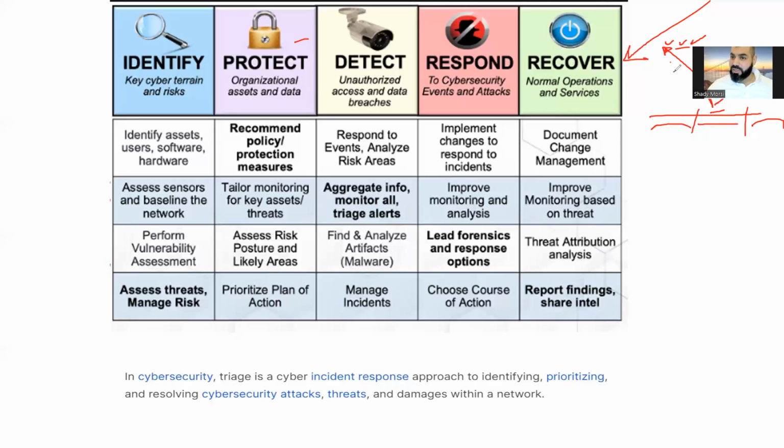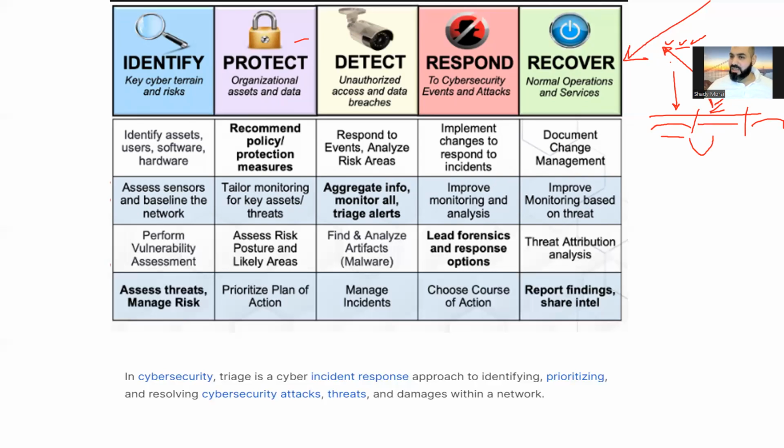They know about your preventive controls, and most of the time they know how to bypass them, how to target humans within your organization, how to target weak points. Preventive controls will stop them to a certain limit, but I need to combine preventive controls with detective controls.